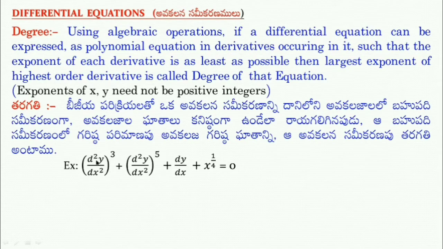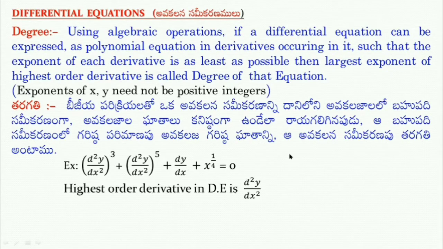Here the exponents 3, 5 and 1 are all positive integers. The exponents of x and y need not be positive integers, only the exponents of the derivatives should be. That means this differential equation is in polynomial form.